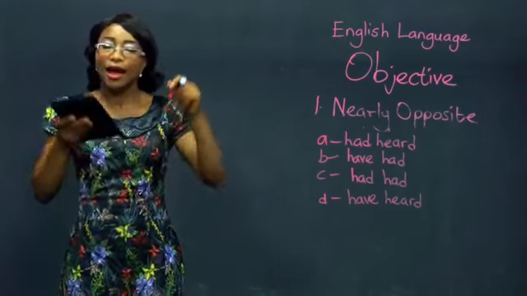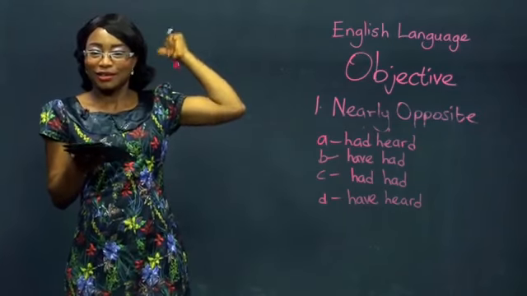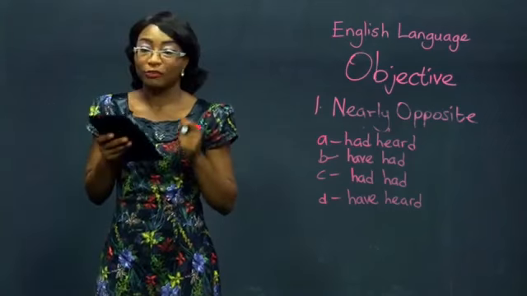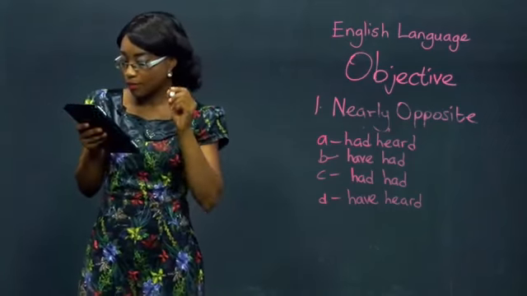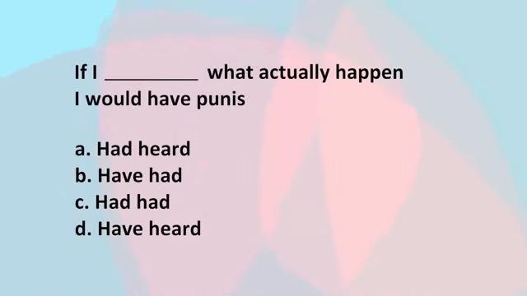Now, option B and C are not possible answers at all because they mean taking, and we cannot take a situation. This person is saying that if he had done something to a situation, you can't take a situation.